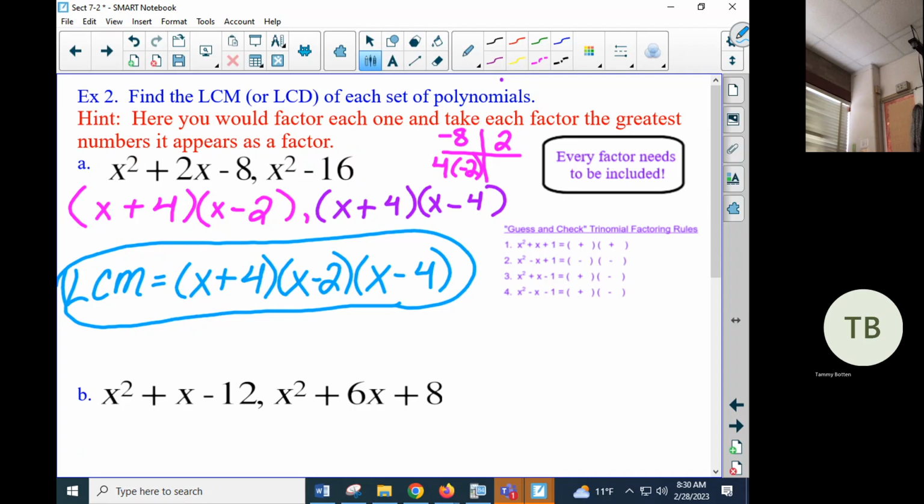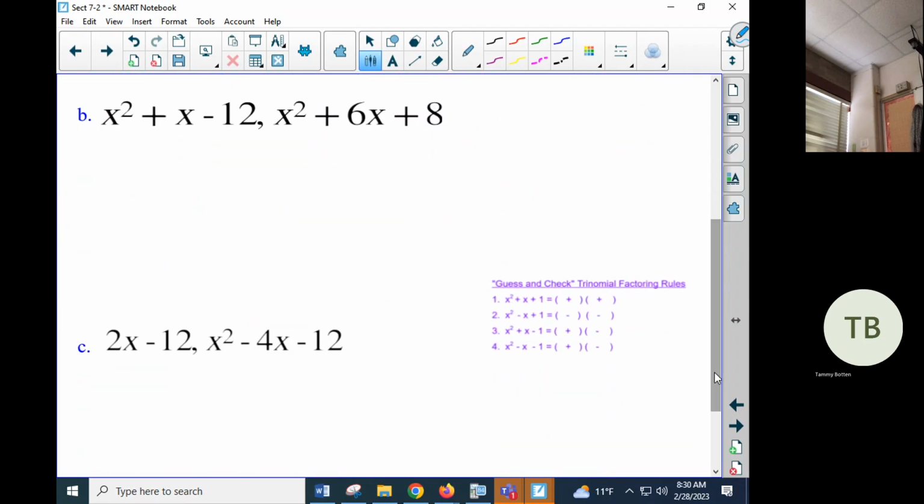All right, now if we go here and we look at how do I factor this? Here I have a trinomial and a trinomial, so I'm going to do trinomial factoring twice. So this is plus minus, which is right here, and notice it has a plus and a minus.